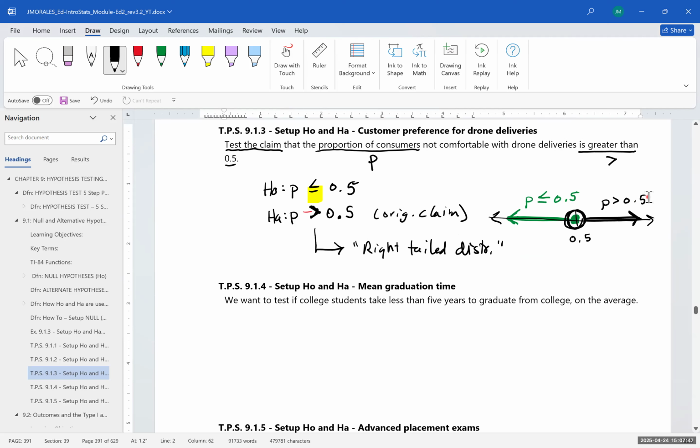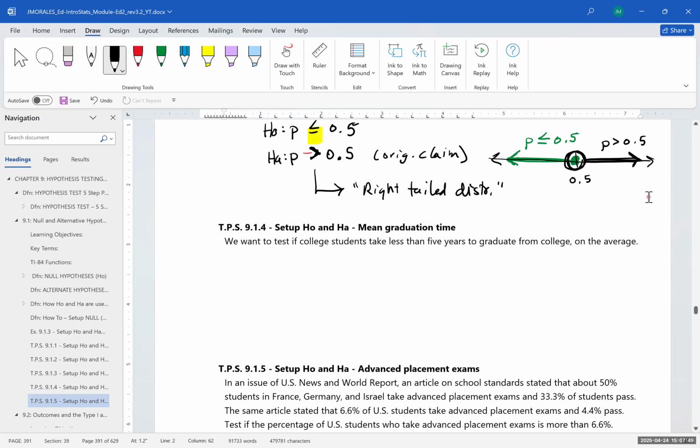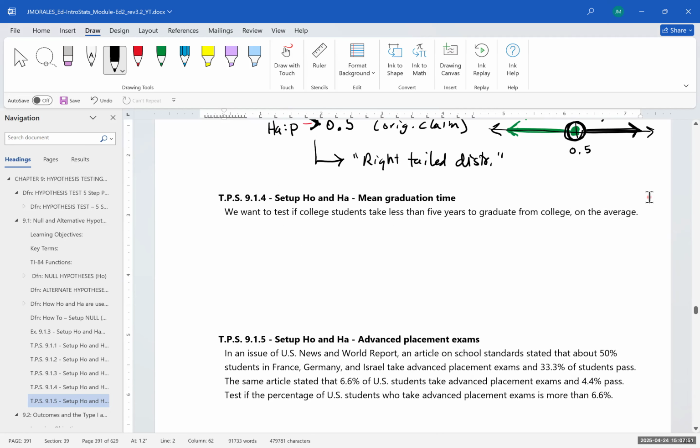All right, let's look at the next one. We want to test if college students take less than 5 years to graduate from college on the average. Okay, so the wording here is a little bit out of order. We've got less than, and we've got 5.